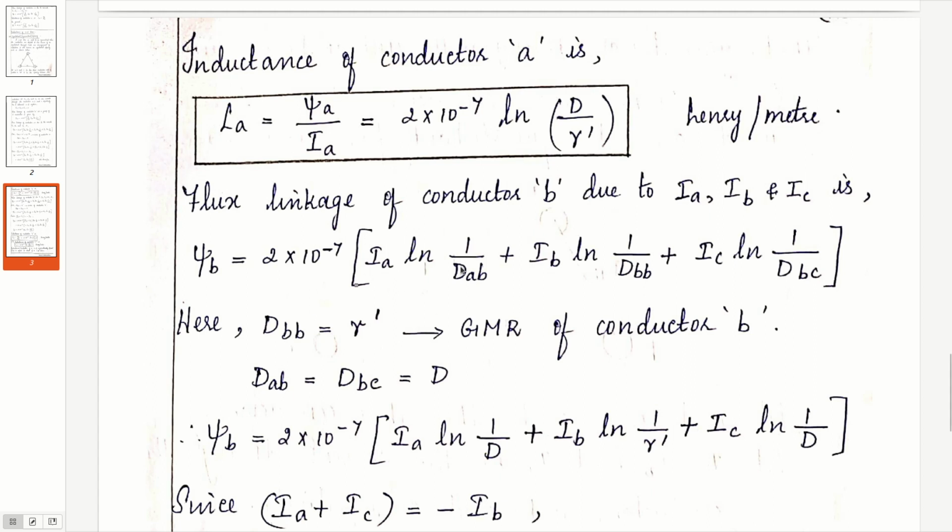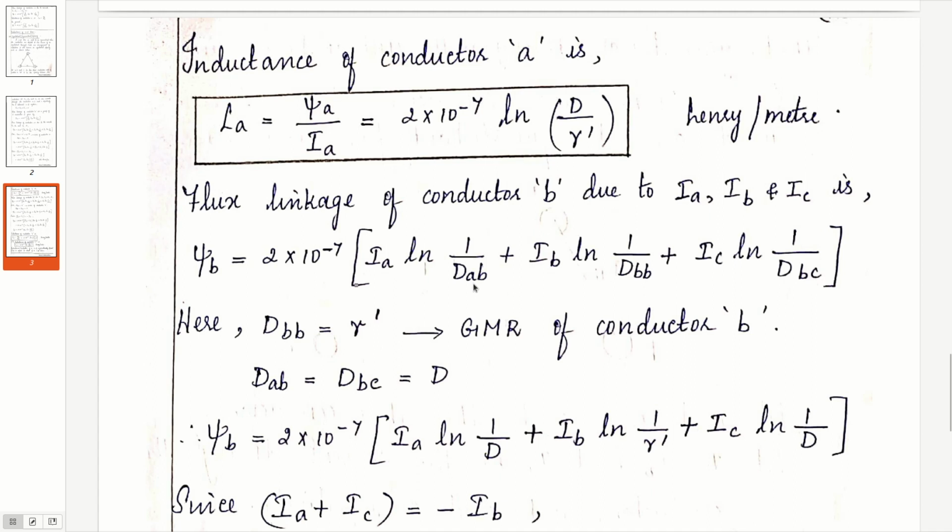The first term is for P is equal to A, and the conductor is B. So IA ln 1 by DBA or DAB, plus the second term. For the second term P is equal to B, IB ln 1 by DBB, plus for the third term P is equal to C, IC ln 1 by DBC.